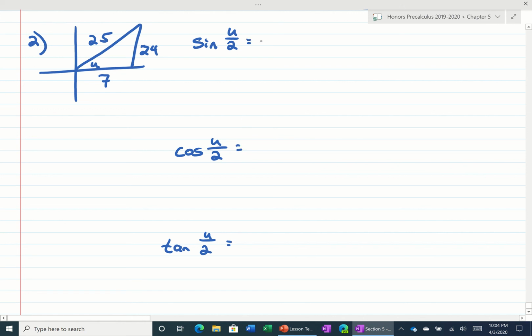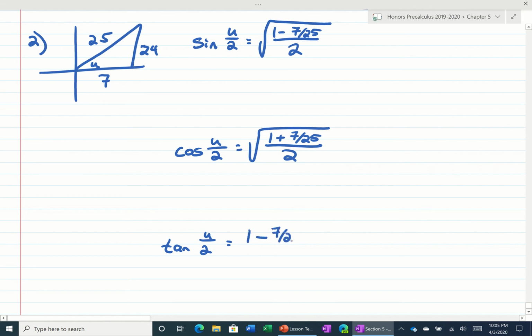So let's see if we can figure this out. Sine would be the square root of 1 minus the cosine over 2. Cosine would be the square root of 1 plus the cosine over 2. And tangent, it doesn't matter which formula we use. I'm going to use 1 minus the cosine divided by the sine.